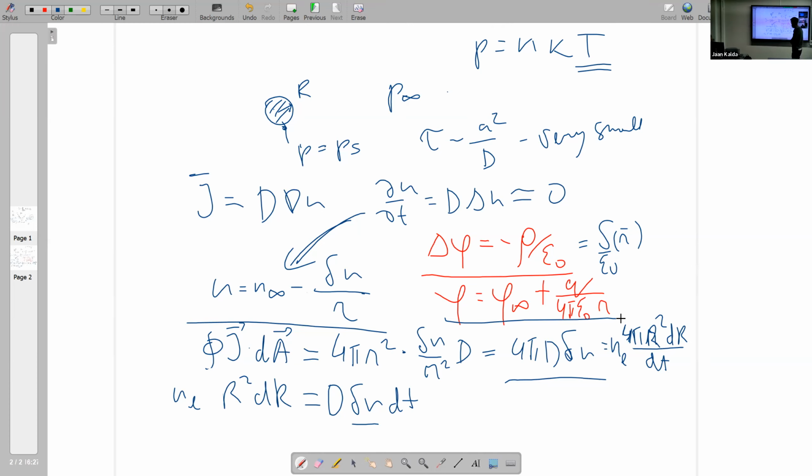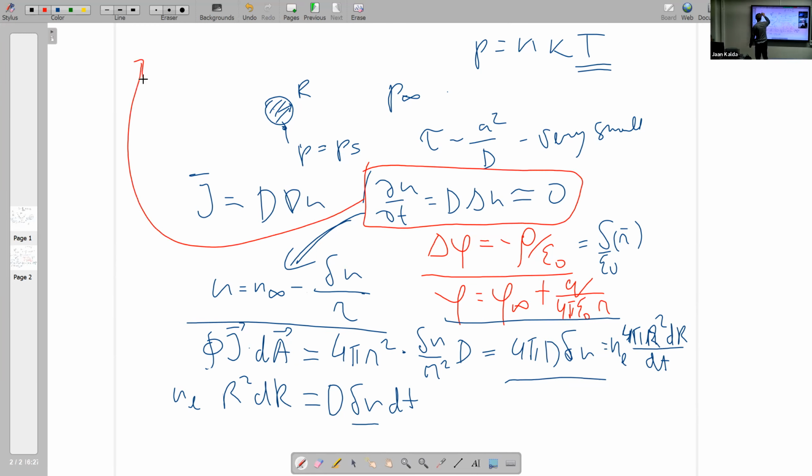That's the thing. Maybe let me write down the solution now. For this equation here, I did not write our equation for n. So if I take this one here, let me write a solution of that.